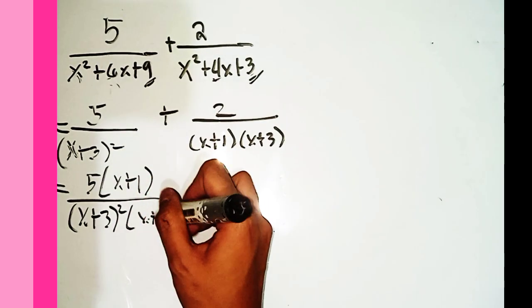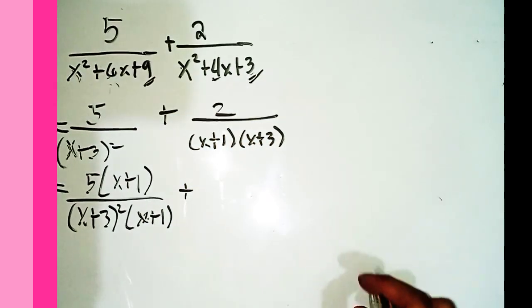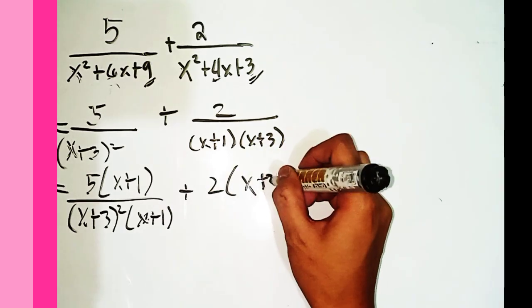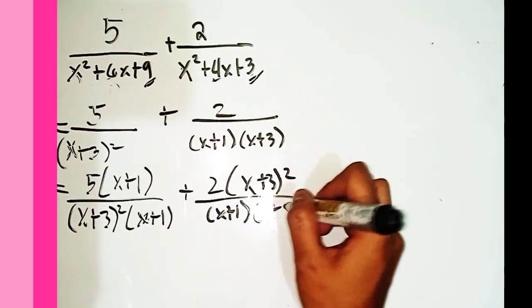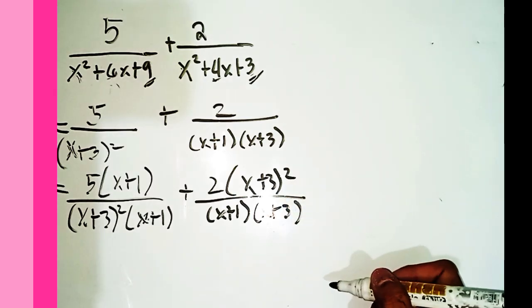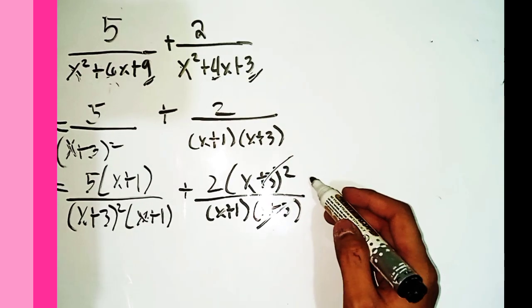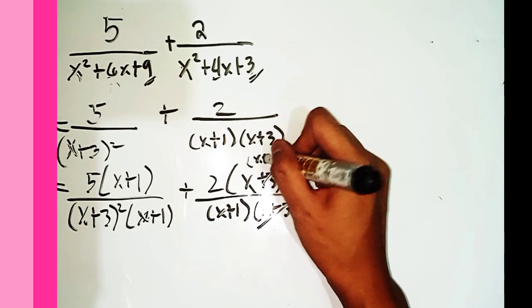So whatever you would be multiplying to the top, you should also multiply it on the bottom. Plus, just copy the numerator 2 and multiply it to x plus 3 all over x plus 1 and x plus 3 squared. So we can cancel the extra factor.